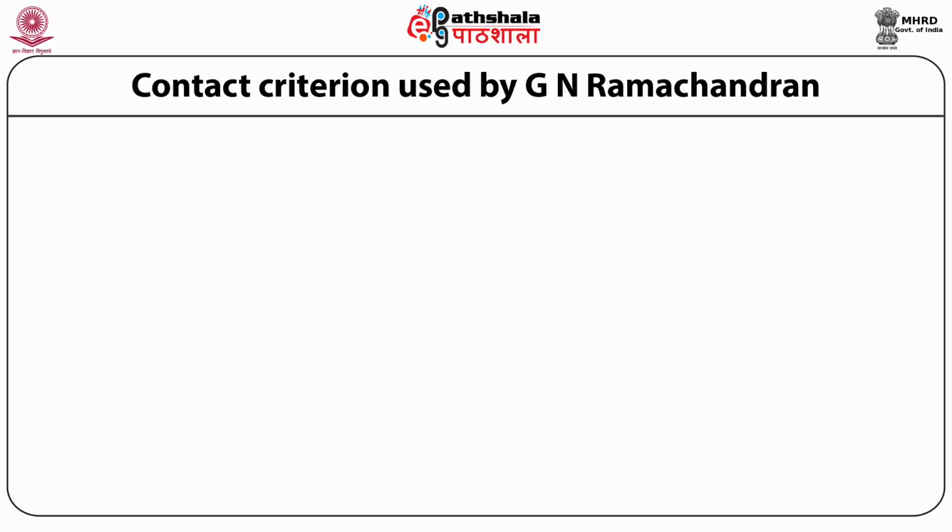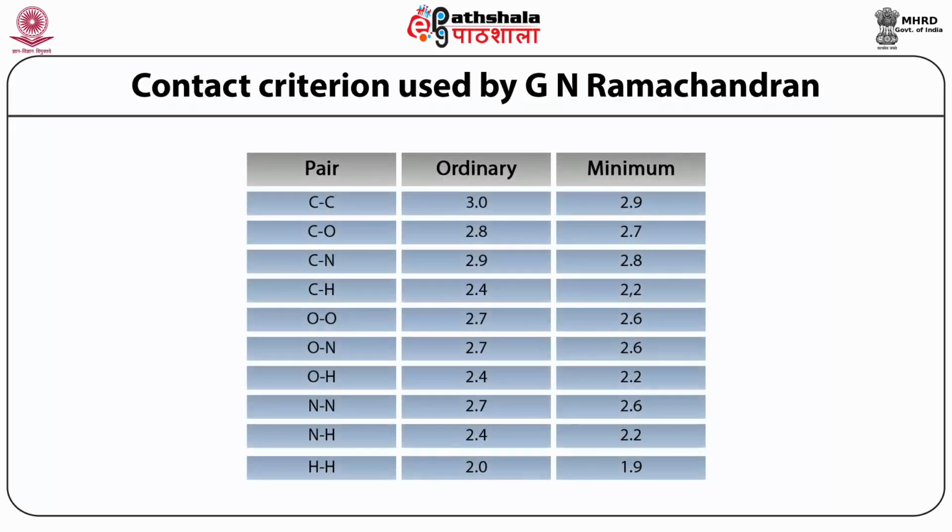For example, for C-C, ordinarily it is 3.0 angstrom, whereas minimum 2.9 angstrom. C-O, it is 2.8 angstrom and minimum is 2.7 angstrom. For O-N, ordinary is 2.7 angstrom and minimum 2.6 angstrom.